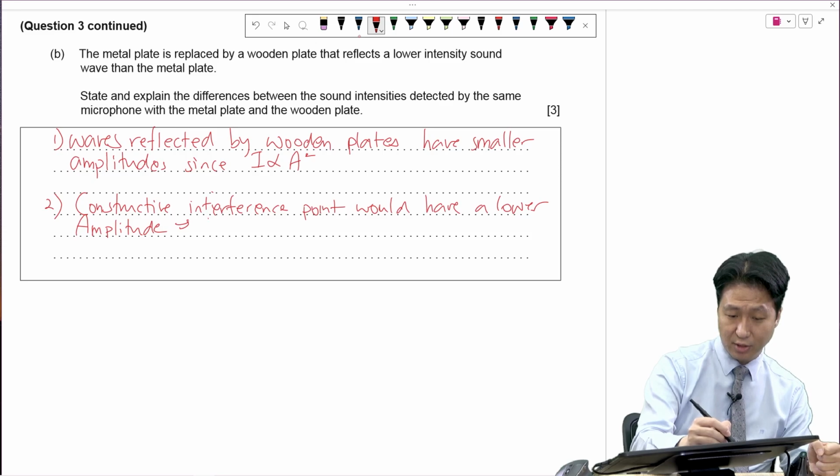Which leads to a lower maximum intensity.